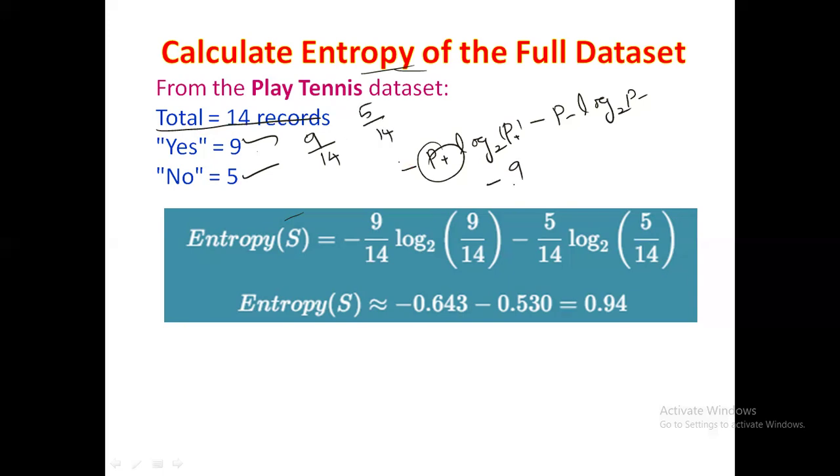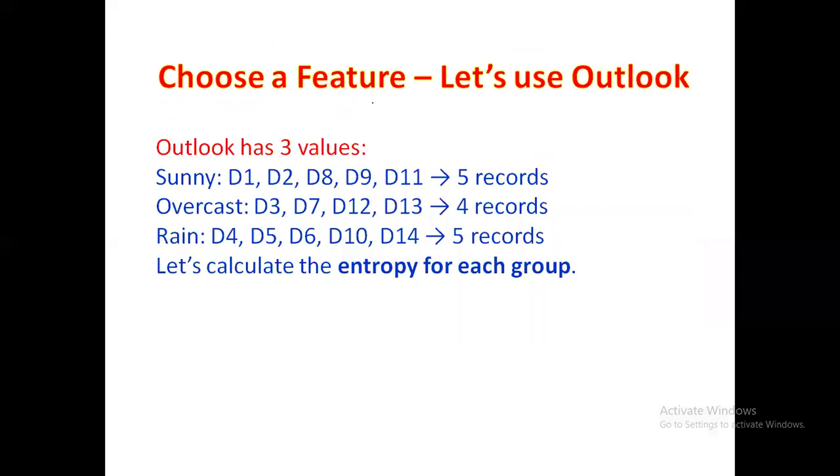So we write minus 9 by 14 log 2 of 9 by 14, minus 5 by 14 into log 2 of 5 by 14. If you calculate, we approximately get the value 0.94.